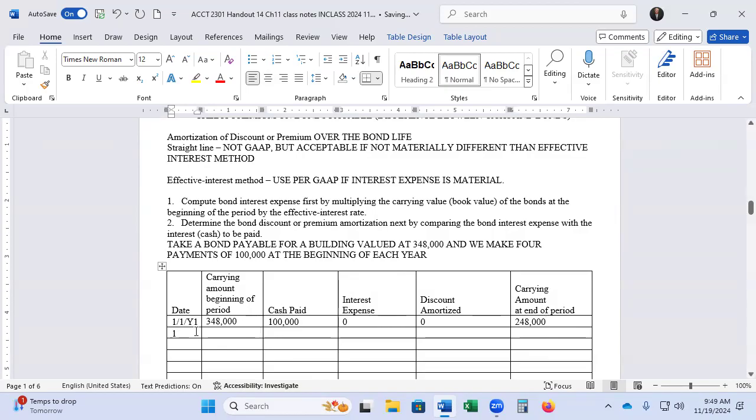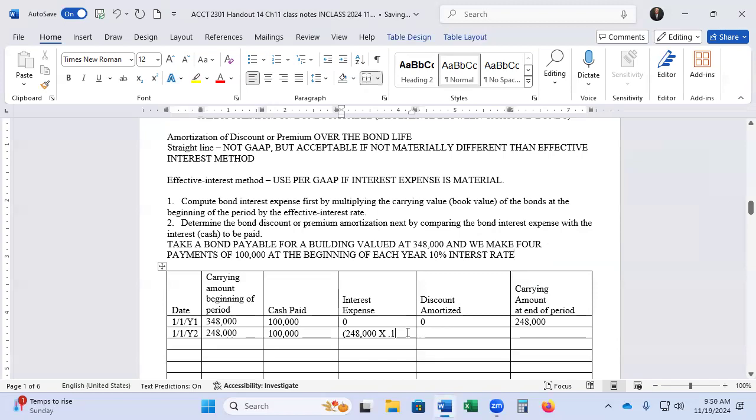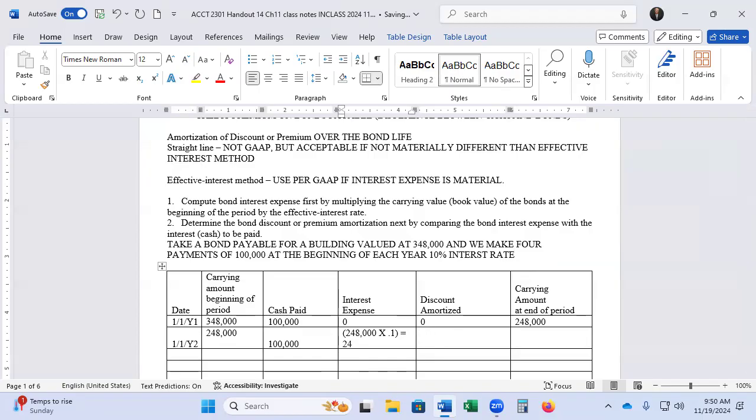Okay, so now year two, we have 248,000. We're still going to pay the 100,000. But now we're going to have interest expense, and our interest expense is the 248,000 multiplied by 0.1 for a 10% interest rate. And so that equals 24,800. So the discount amortized would be the 100,000 payment minus the 24,800.